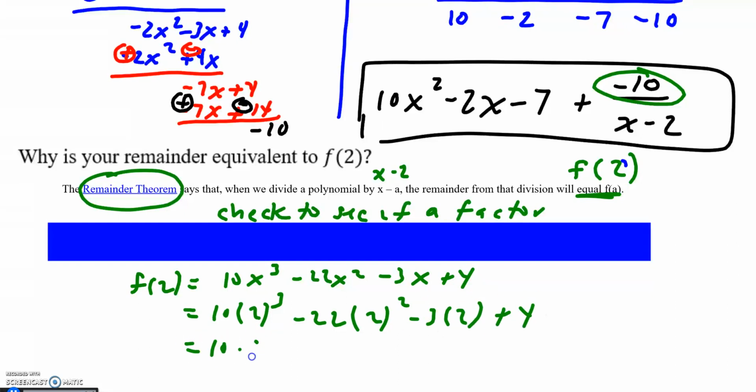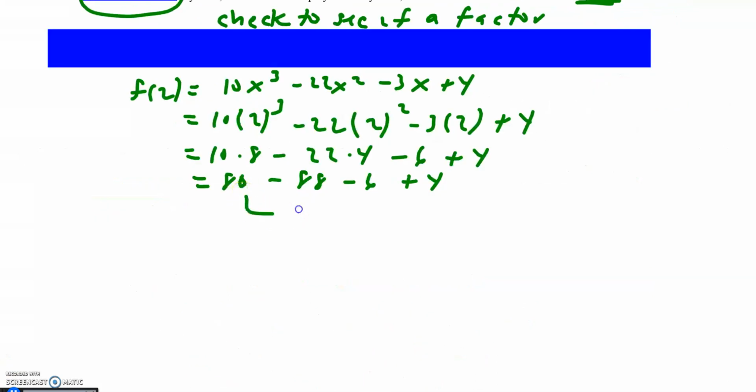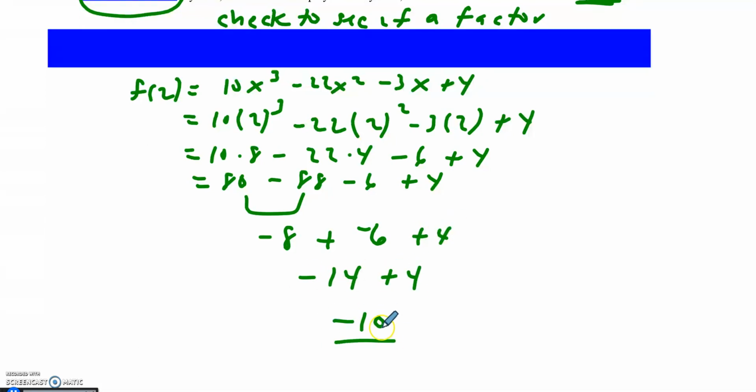That would be 10 times 8 minus 22 times 4 minus 6 plus 4. 80 minus 88 minus 6 plus 4. That would be -8 plus -6 plus 4, which is -14 plus 4, which does get me -10. And because this remainder is not 0, the x minus 2 was not a factor, but it does tell me that my remainder is -10 before I do long division at all.